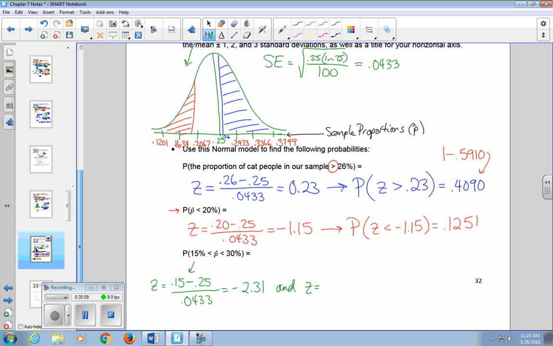And our second z-score is equal to 0.30 minus, again, the center, 0.25, over the standard error, which gives us a z-score of 1.15. So that means we can use our table to find the probability of getting a z-score between negative 2.31 and 1.15. And I'll leave it up to you to verify this, but you should get an answer of 0.8645.